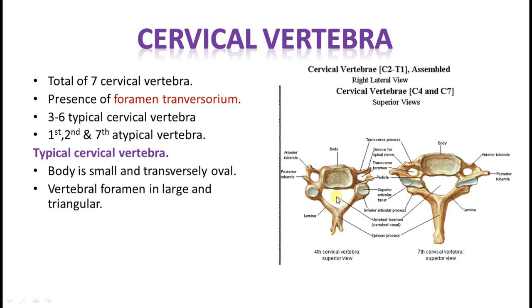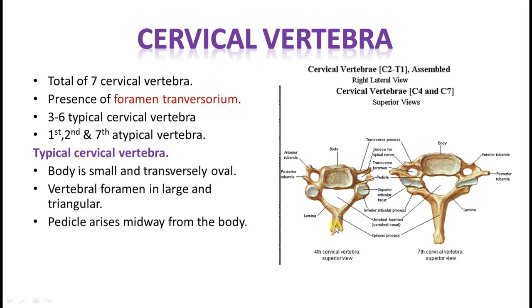In the same way, from the lower part, even the ascending tracts tend to add from the lumbar, thoracic and cervical regions. So all the ascending tracts are present in the lower cervical part of the spinal cord, and the nerves from there also go to innervate the upper limb, the cervical enlargement. So for all these reasons, you can see the vertebral foramen or the canal is large and triangular in shape.